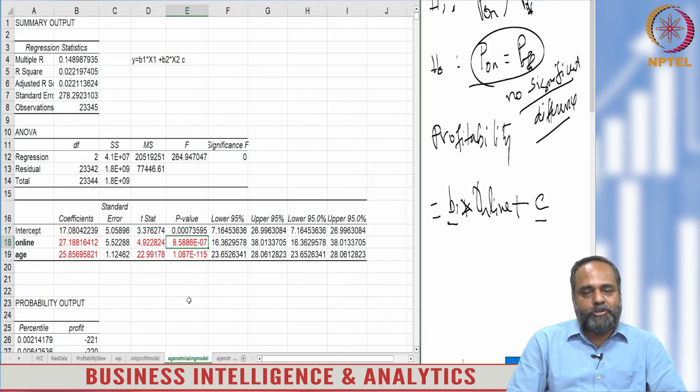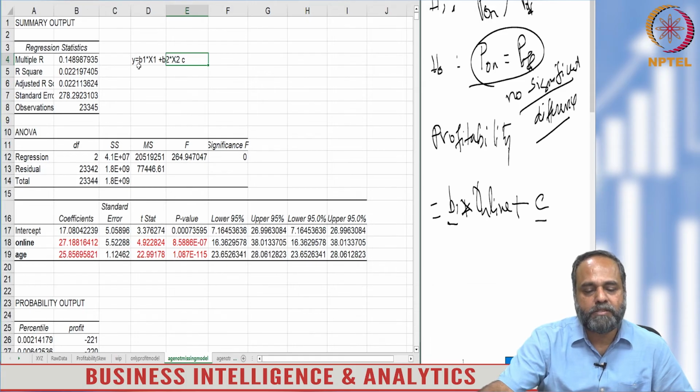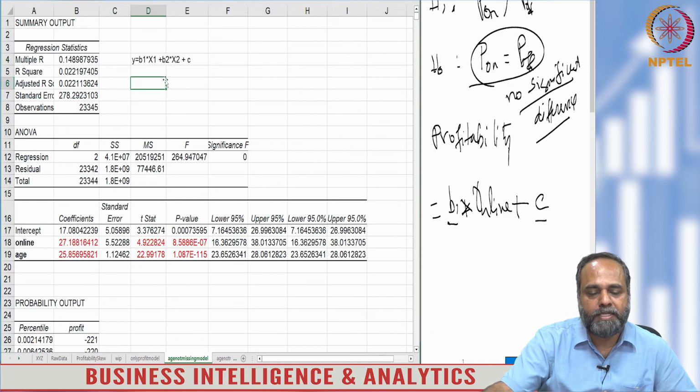Here, in my regression model, instead of ending with one variable x1, which is online, I am adding an x2, okay. There is a plus c here, and that is my model.